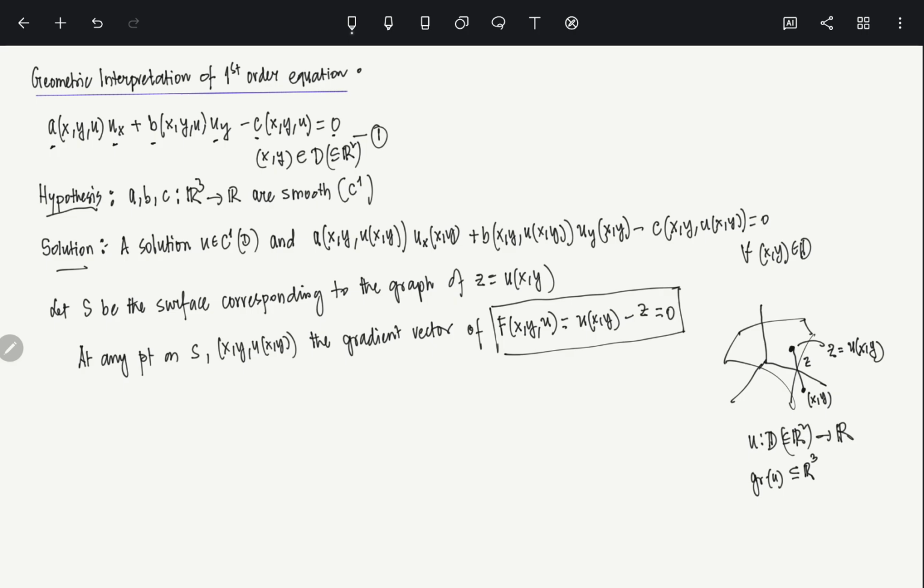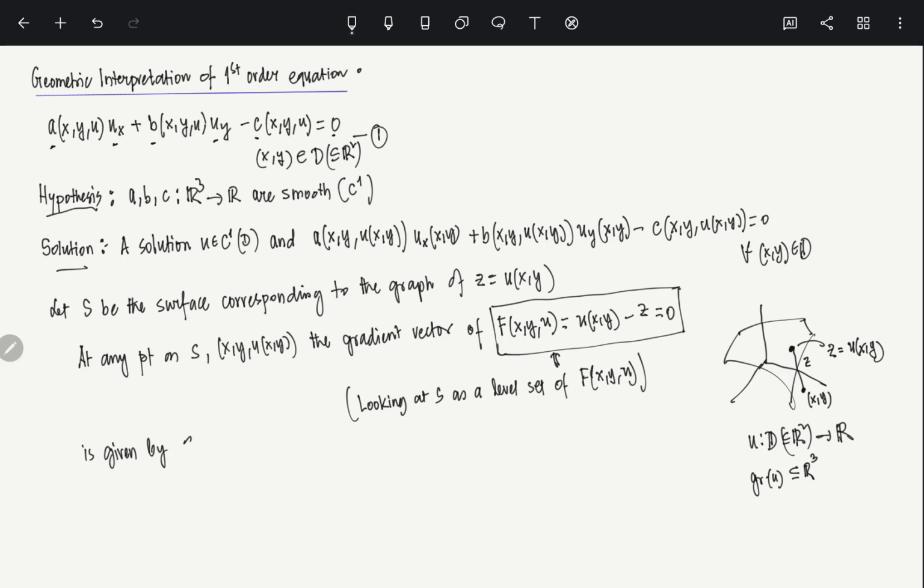That is a surface, and that is nothing but the level set of a function capital F, right? So we are looking at S as a level set of the big function capital F of x, y and u, clear? And level set corresponding to the height 0, yes. So, the gradient vector of this capital F is given by, okay, what is the gradient vector?